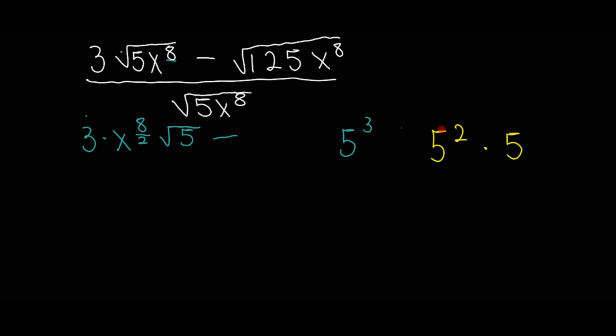Remember that 5 squared times 5 is the same as 5 cubed. I noticed that 5 squared times 5 is 125. I noticed that if this is 2, and I know that even here is 2, when I divide I will have a whole number, because here it will be 2 over 2. So we change 125 and say it is 5 squared times 5.